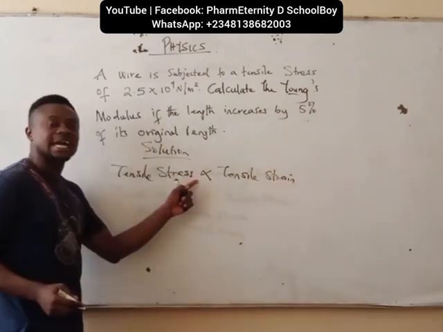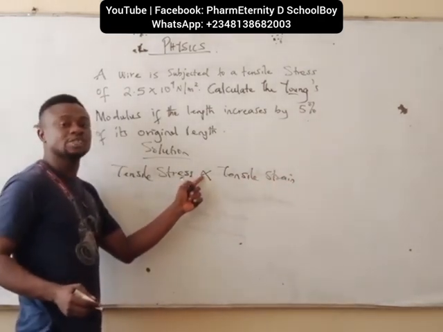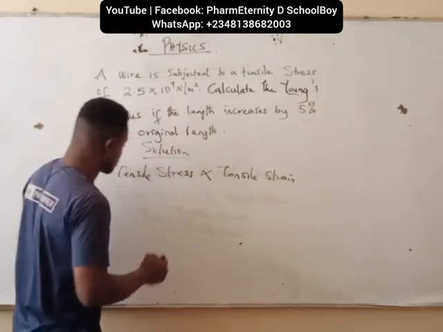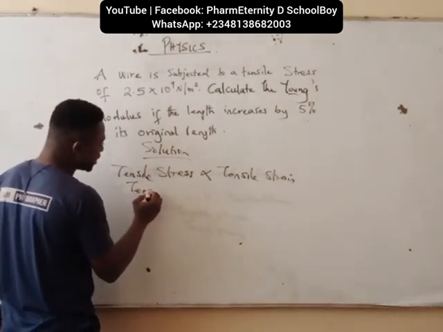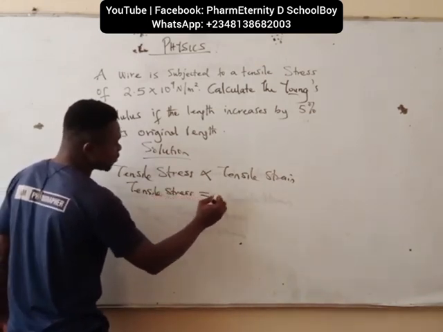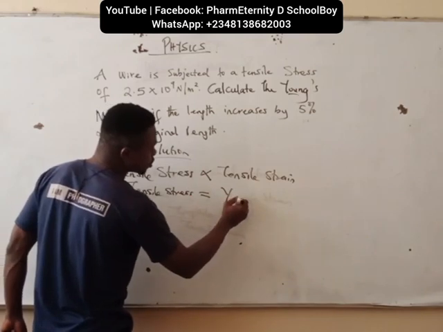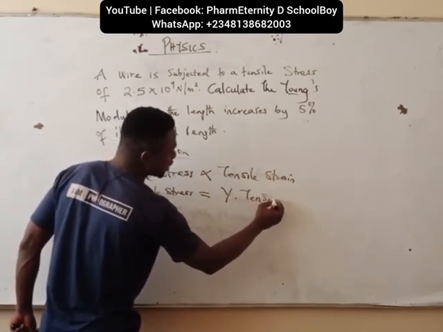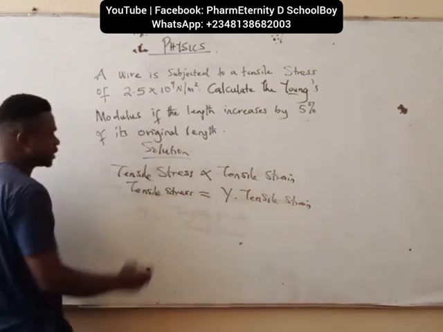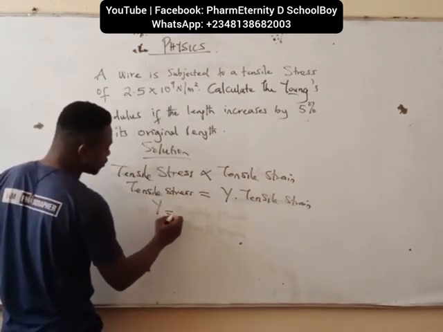Now, to remove this sign of proportionality, you need to introduce a constant, and this constant is called Young's modulus. So, tensile stress is equal to Young's modulus times tensile strain. That implies that Young's modulus is equal to what?